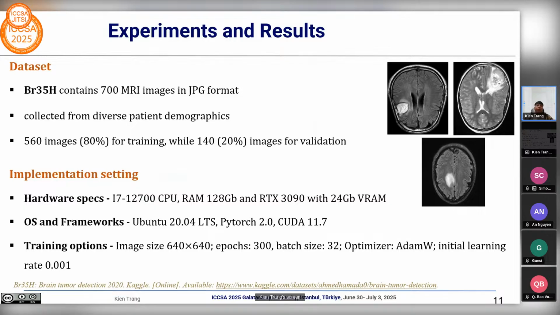For the OS and framework, we use Ubuntu, Python version 2 and CUDA 11.7. For the training options, we rescale the image to 640 by 640, the epoch is set at 300, batch size 32, we use the Adam optimizer, and the initial learning rate is set at 0.001.